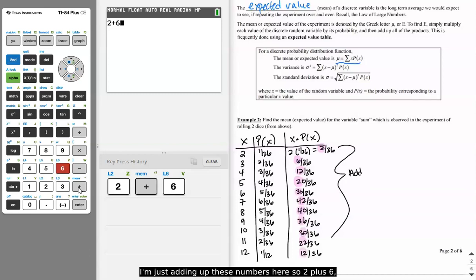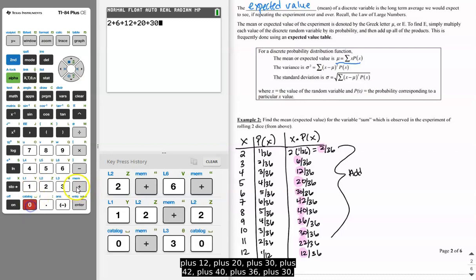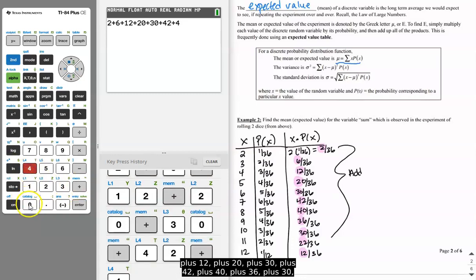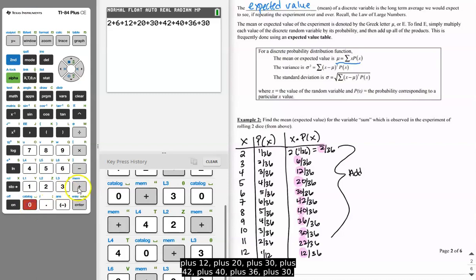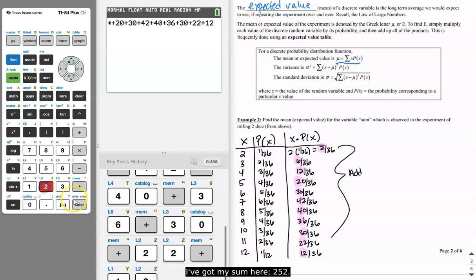So I'm adding up these numbers here: 2 plus 6 plus 12 plus 20 plus 30 plus 42 plus 40 plus 36 plus 30 plus 22 and plus 12. All right, so I'll get my sum here: 252.